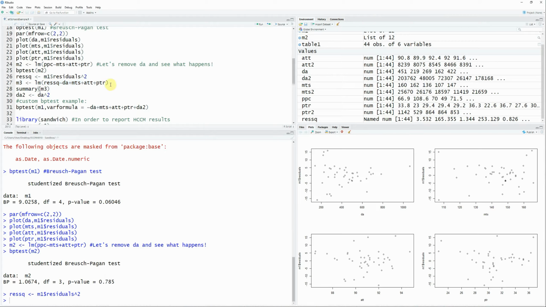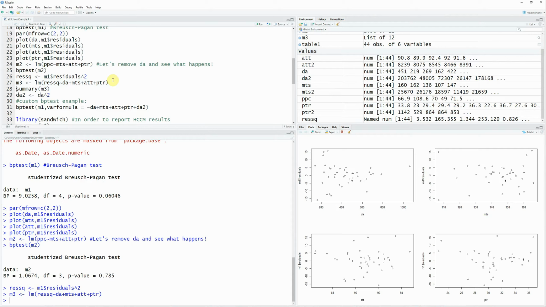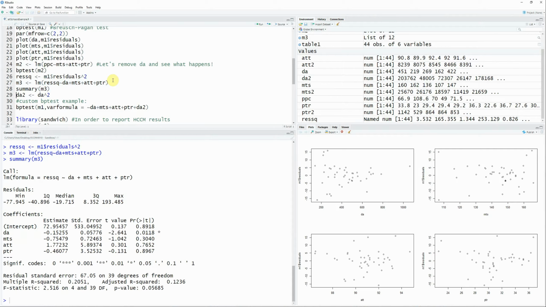And we do that and get the summary of M3, and you can see that we get DA as a significant variable with the residual squares. So it shows a relationship between residual squares and DA. So there would be different residuals, different variance based on different values of DA, non-constant variance, thus a case of heteroskedasticity. We cannot trust our inference because all of this is based on the assumption of homoskedasticity.